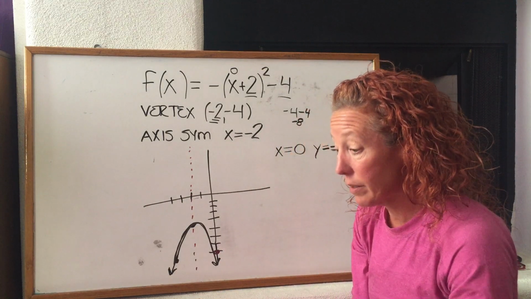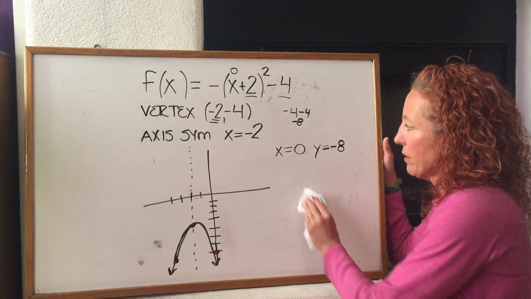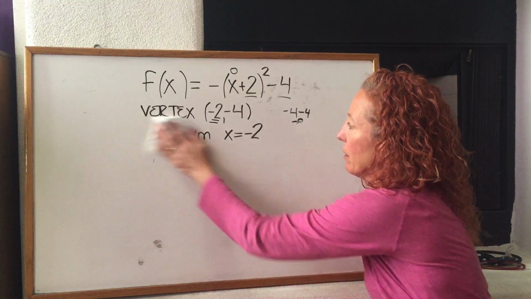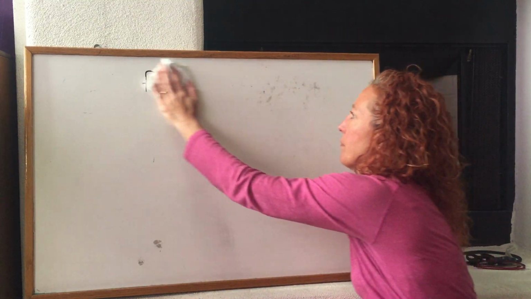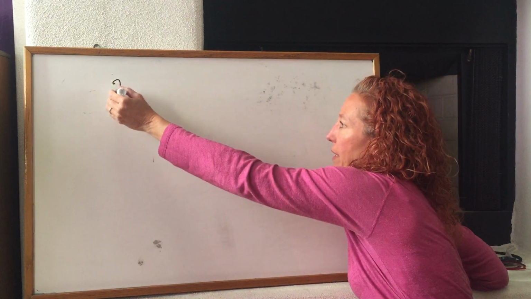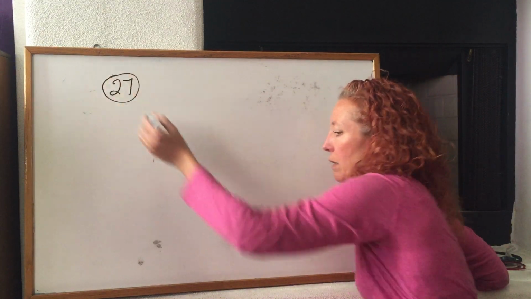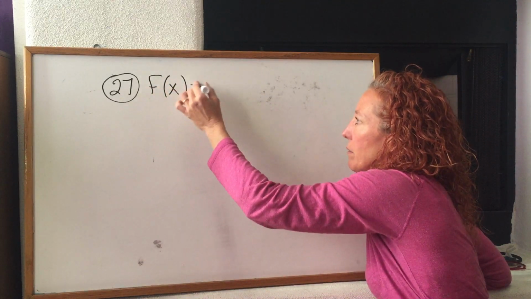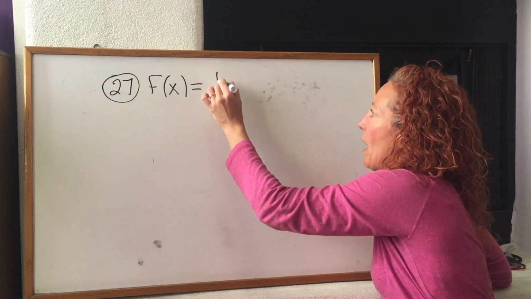27, similar, not exact. It's already in vertex form. Notice that one piece of it is missing. And so for that piece, you need to add in a 0. So it's 1/2.